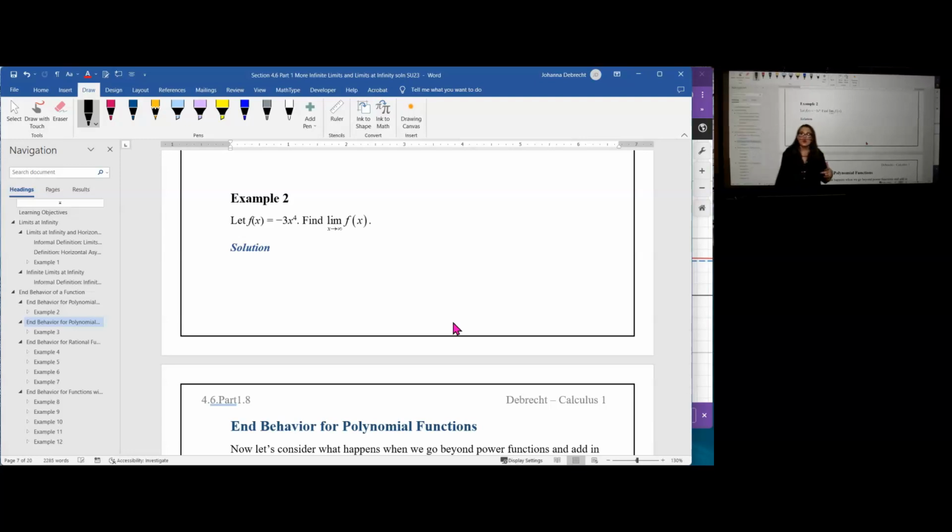What would a normal x to the 4th look like? A normal x to the 4th would look something like coming down, flattening out, and then going back up again. Multiplying by -3 is going to make the graph open down. It's still going to flatten, but it's going to be steeper, and it's going to happen faster.